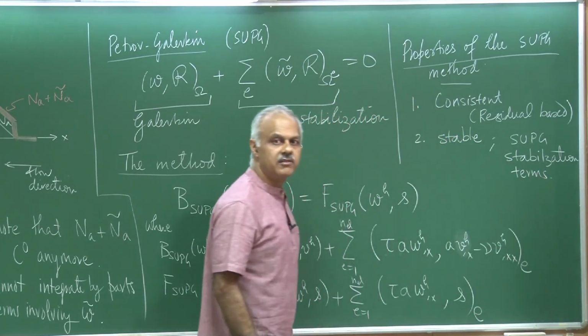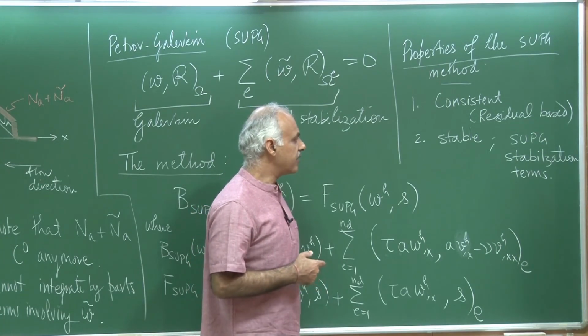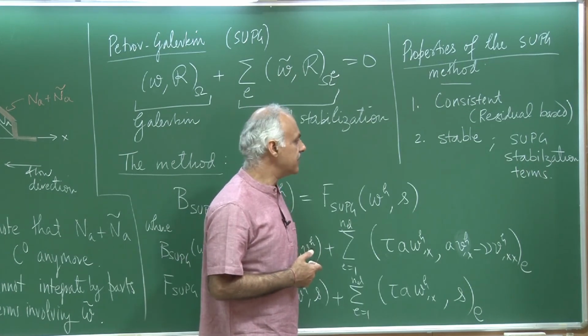And now this method will work for advection dominated flows, and it retains all the properties of what we saw for the upwinding in the finite difference.